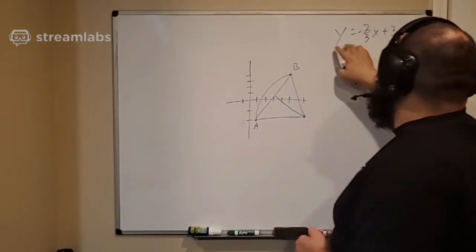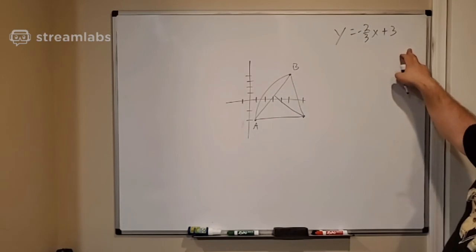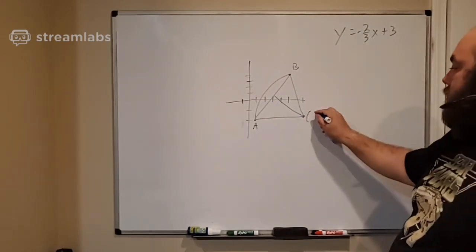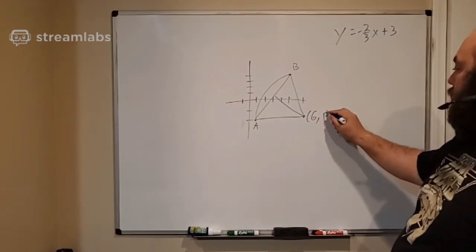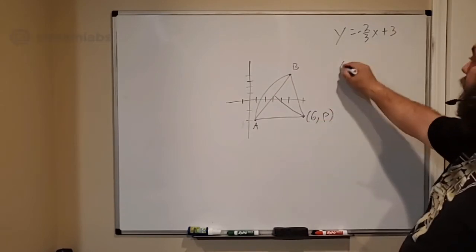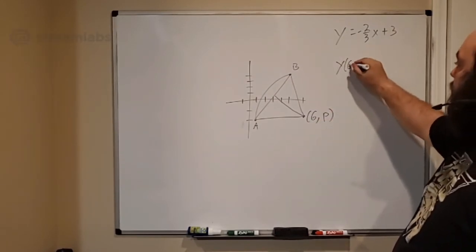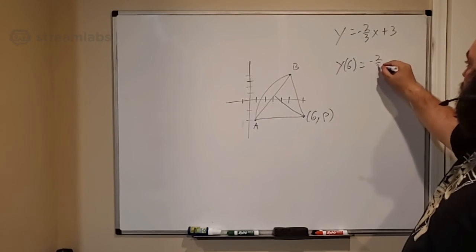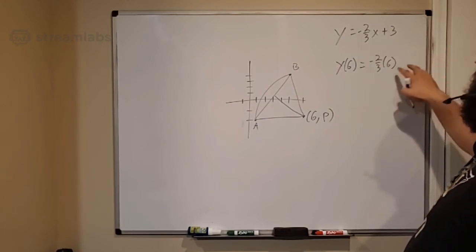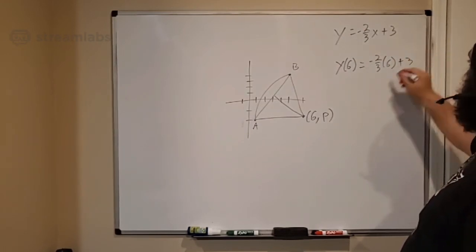Since we know this is 6 comma P, if I plug 6 in, y of 6 is equal to negative 2/3 times 6 plus 3, and you get negative 1, and that is your answer.